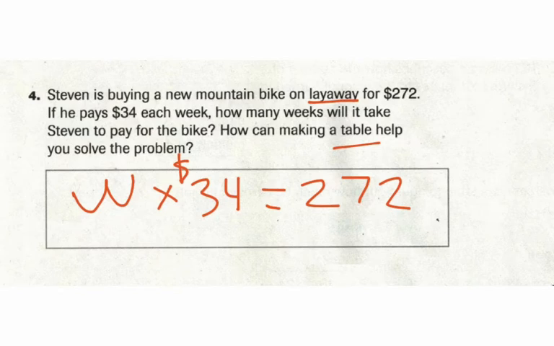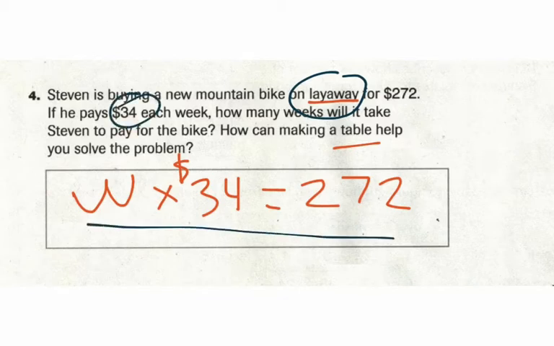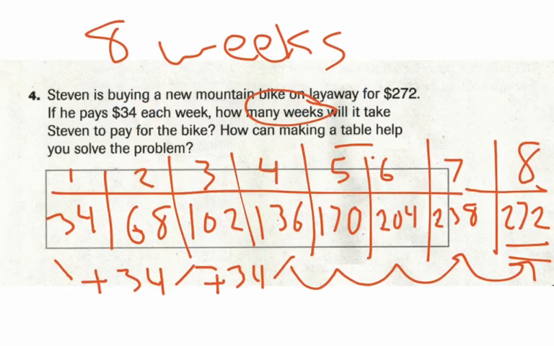For this problem here, layaway means you're paying it over time. So in this case, they give us 34 weeks. So my expression or equation will be weeks times 34 will equal 272. Remember, if you have too much money, you have to round up because he needs to pay the full amount of 272.